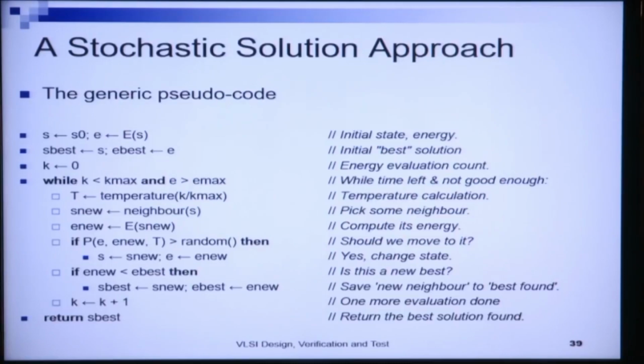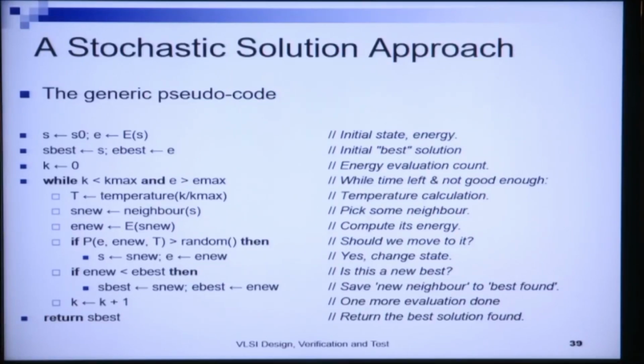So as we said, we always accept a new solution that is better than the current solution. We accept a worse solution with a probability, and this probability reduces as temperature reduces. When the temperature is initially very high, the probability of accepting a worse solution is higher than when I slowly reduce the temperature.